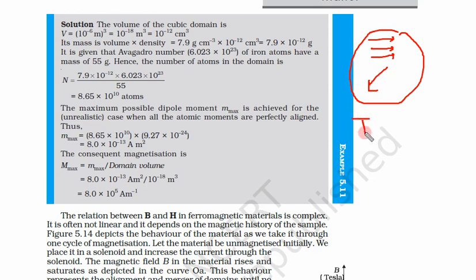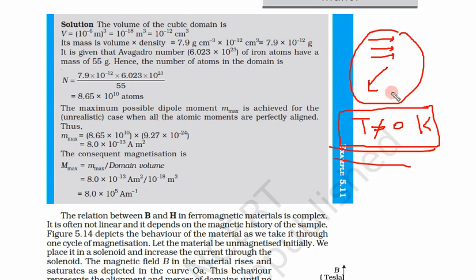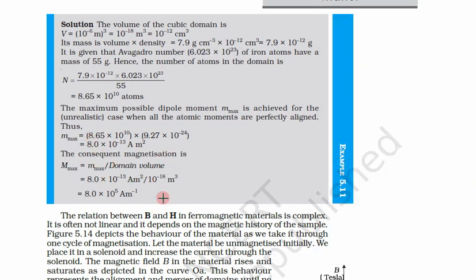Because T cannot be 0. 0 Kelvin is not possible. It is possible that all are aligned in the same direction when the temperature is 0 Kelvin, but 0 Kelvin temperature is not possible. So we will not have all the magnetic moments aligned in the same direction. That's why this condition is not possible. Definitely we can reach near to this, but perfectly this is not possible.